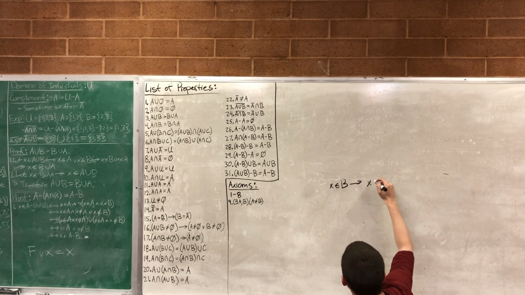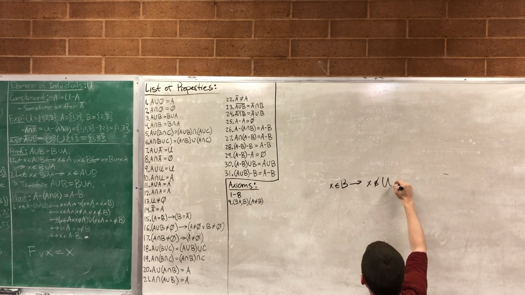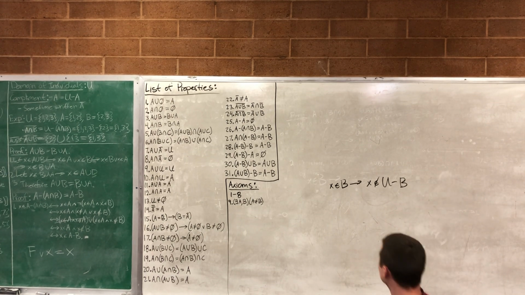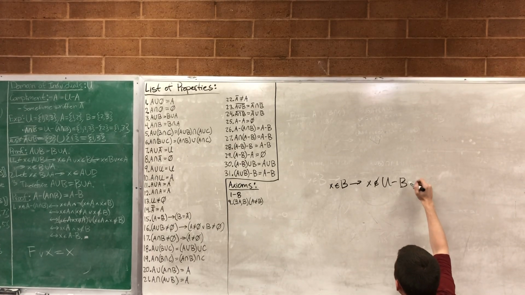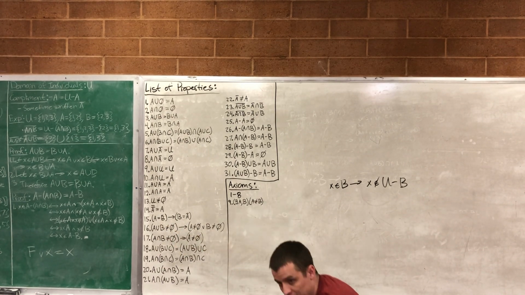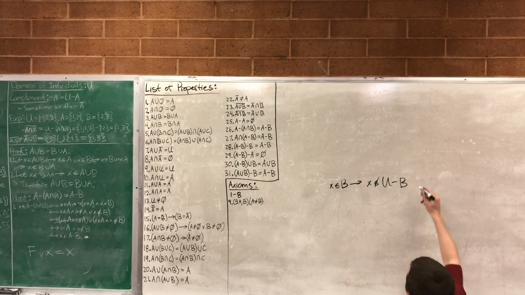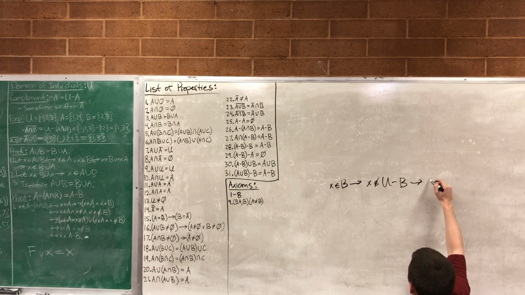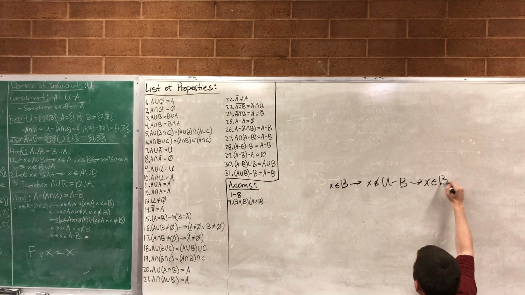That means X is not in U minus B. I need to use my definition real quick to use my equality. I need to use this equality somehow. Are you good with just going like this? Therefore, X is not in B complement.